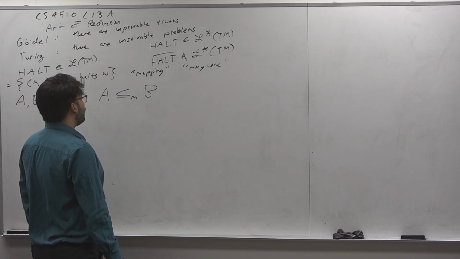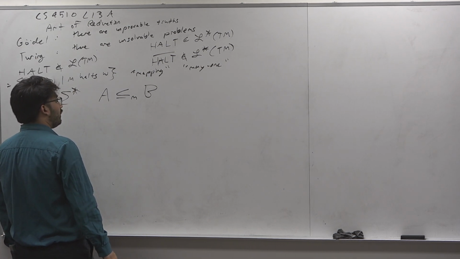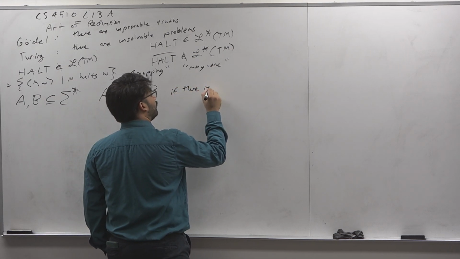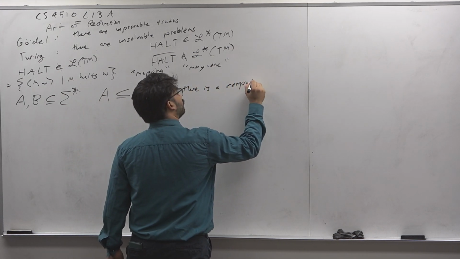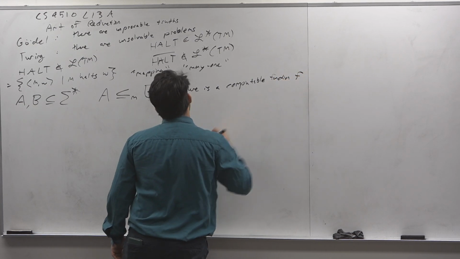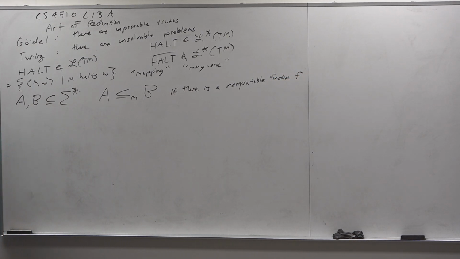We say that there's a mapping reduction from A to B if there is a computable function f. And again, a computable function is in the sense that it is Turing computable.